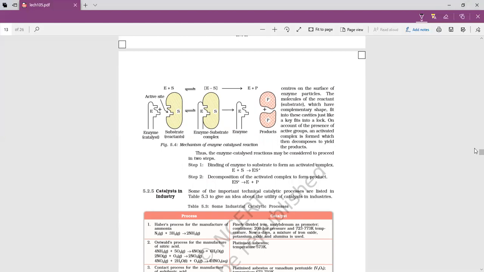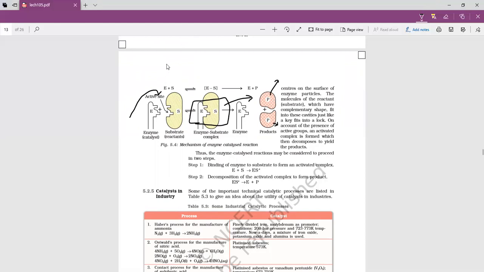This E is nothing but enzyme and S is substrate. So you will see that the enzyme is attacking the substrate and forming the enzyme substrate complex. Further, when this enzyme substrate complex is freed up, it forms the product.